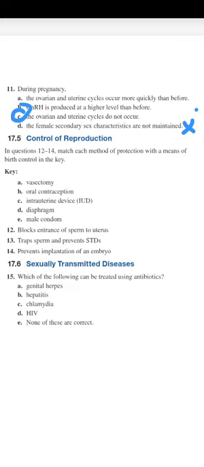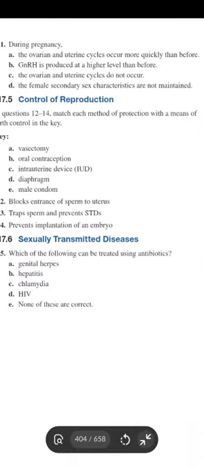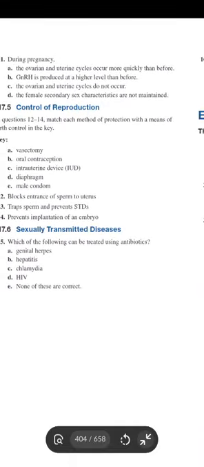Questions 12 to 14 match each method of protection with a means of birth control. So each method of protection and its means of birth control. So it blocks the entrance of sperm to the uterus. So to block the entrance, obviously a condom, diaphragm, which is the female condom, oral contraception, vasectomy.